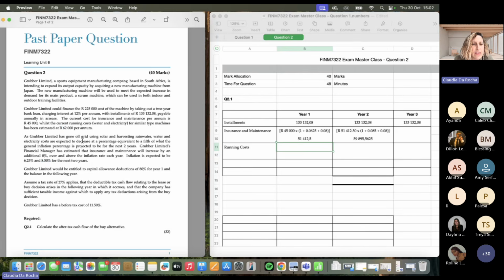They did say that it's going to decrease at a percentage equal to a fifth of what the general inflation percentage is projected to be for the next year. So that's how much it's going to decrease by. Literally, it's going to go down.